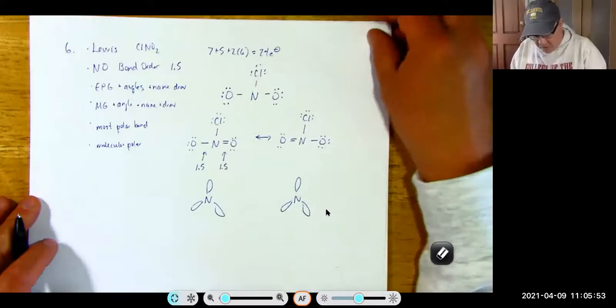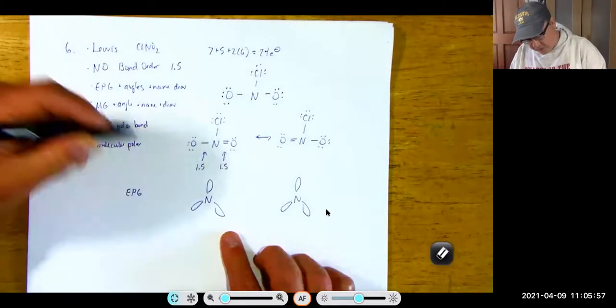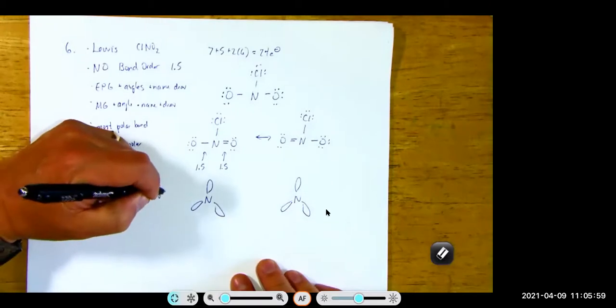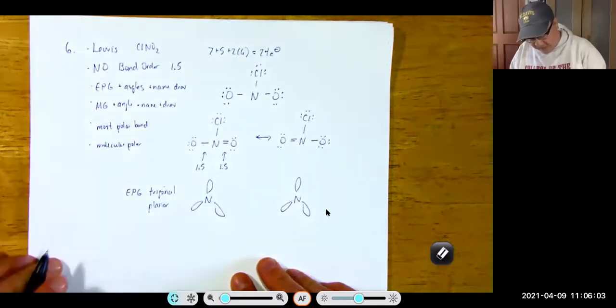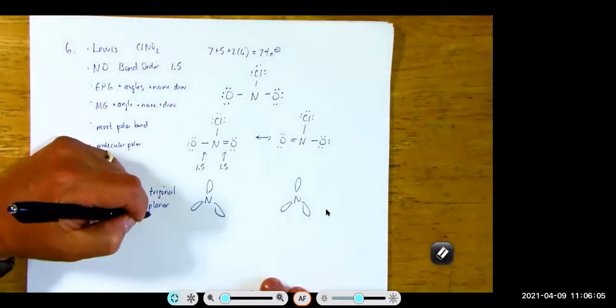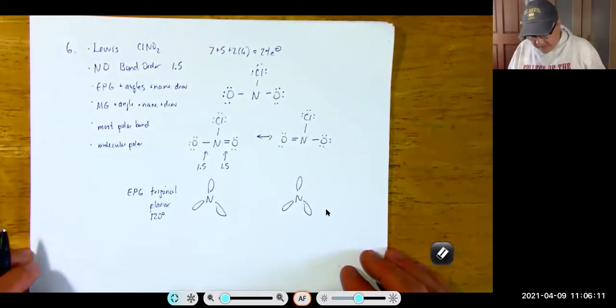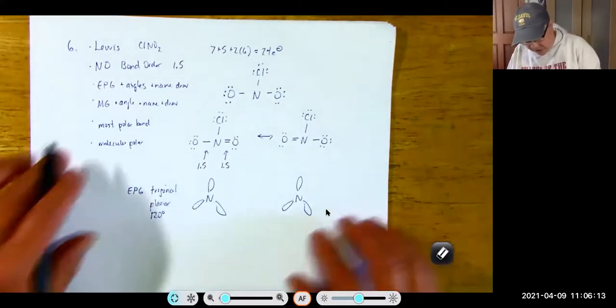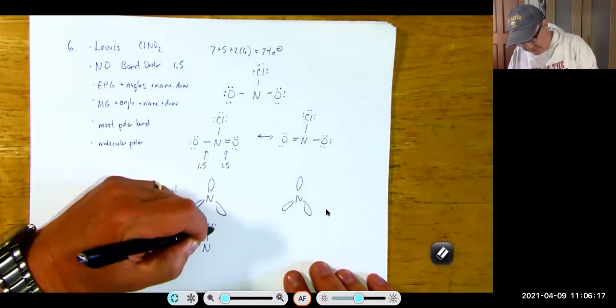Correct. So what do we call this electron pair geometry? Trigonal planar. This one's flat. And what are the angles? It's 120. Now, if we draw the molecular geometry, is it going to look pretty much like this?